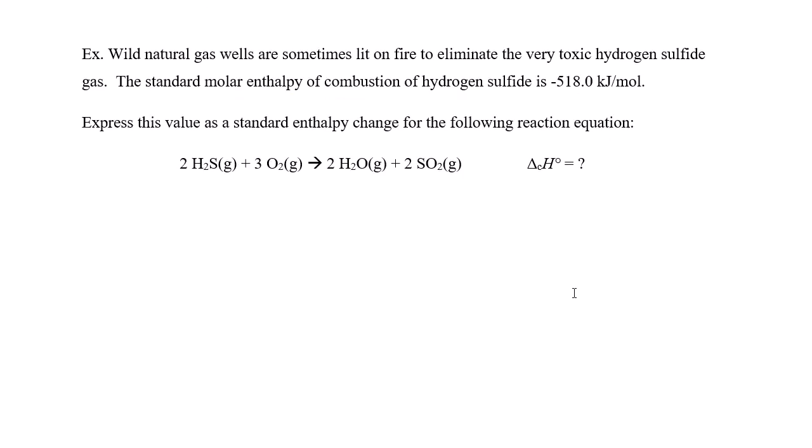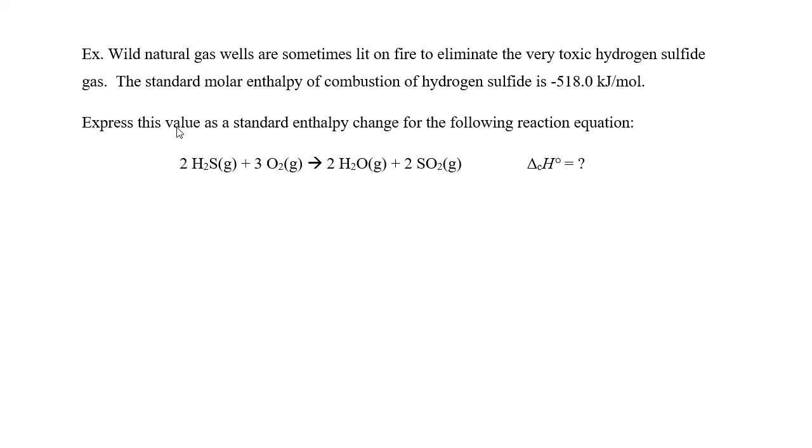So if I want to turn something from a molar enthalpy into an enthalpy written next to the reaction, how can I do it? Natural gas wells sometimes are sour, which means that they contain hydrogen sulfide. Hydrogen sulfide is a really, really nasty, toxic compound. And you can eliminate hydrogen sulfide by burning it, by flaring it off.